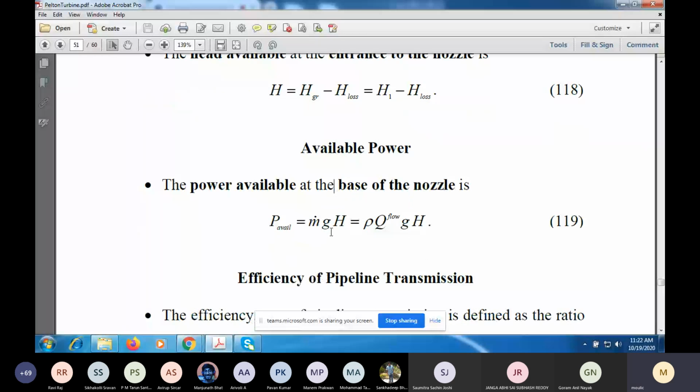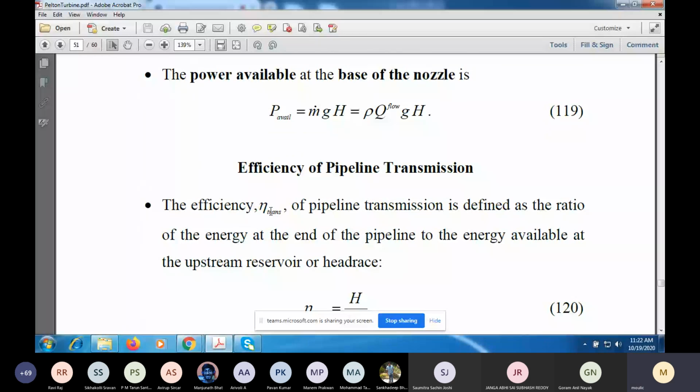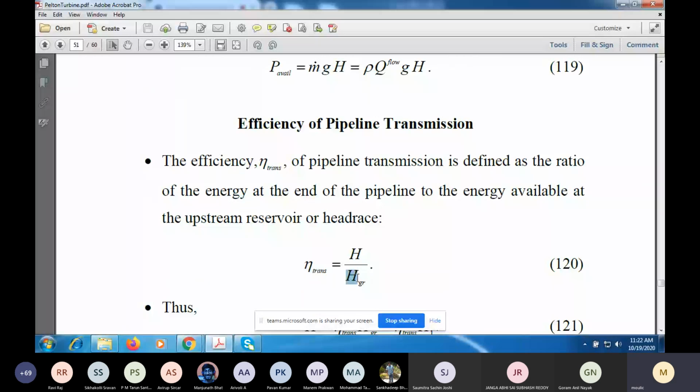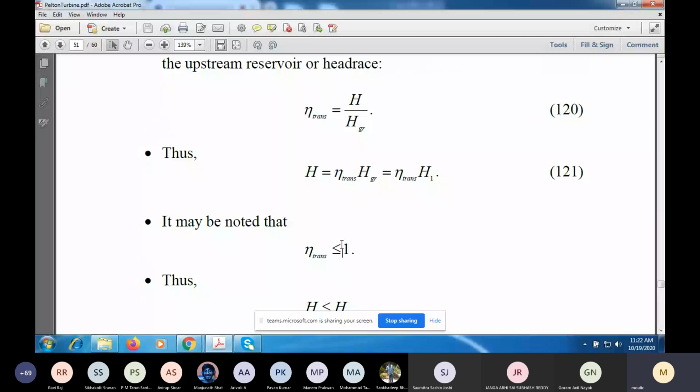And some people talk about efficiency of the pipeline, which is the ratio of this available head to the gross head. And again, the way it has been defined, this will be less than or equal to 1. So if somebody in a problem gives you the transmission efficiency, then the available head will be the gross head times this efficiency, the transmission efficiency.